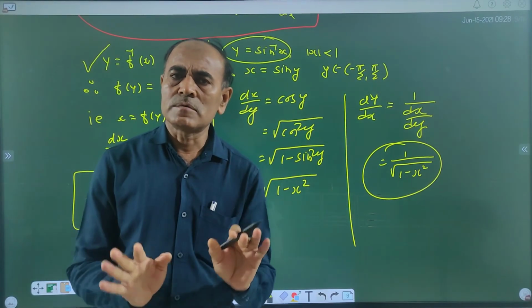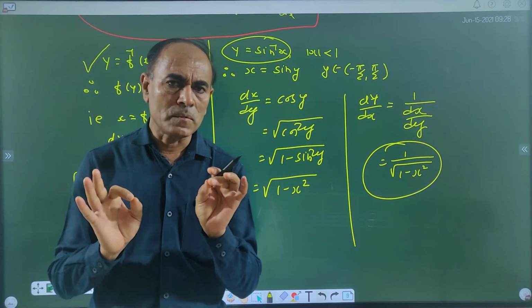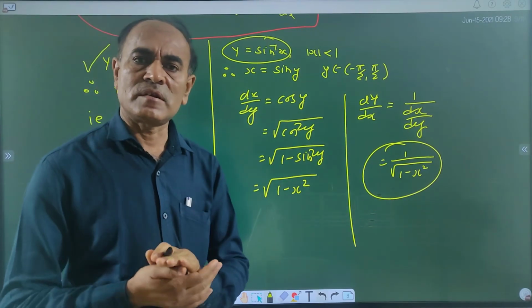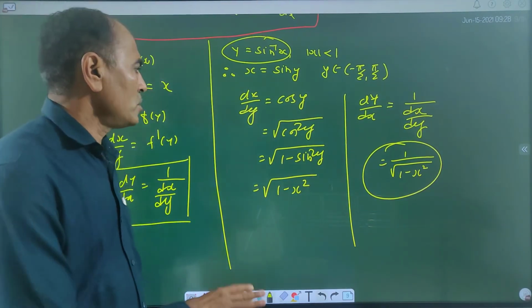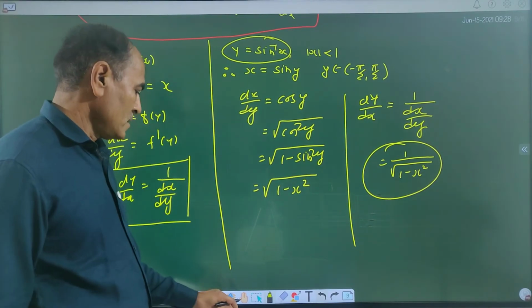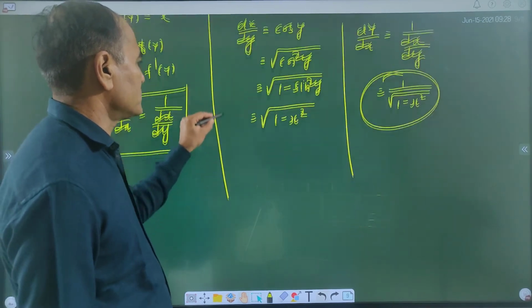You only need to know how we get dy by dx is 1 upon under root 1 minus x square, nothing else. So there is no need to learn the proof of this one. Please learn standard forms. So let us write all the standard forms for trigonometric functions.